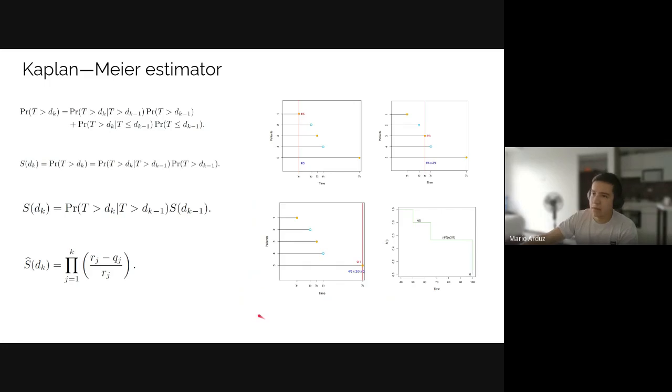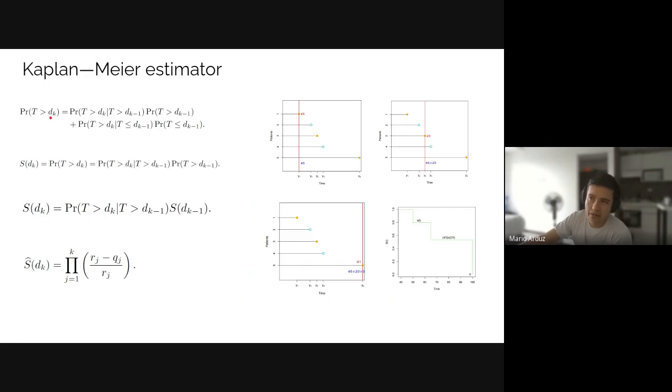So I guess this is an interesting part in terms of the derivation of how they can estimate this survival function. They are going to try to estimate this probability: what is the probability that the survival time is greater than this time d sub k?